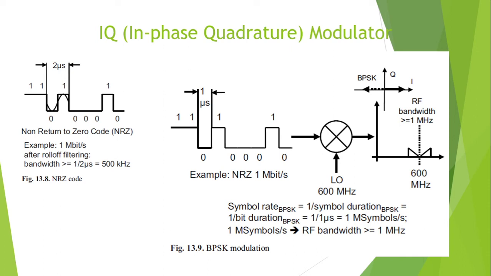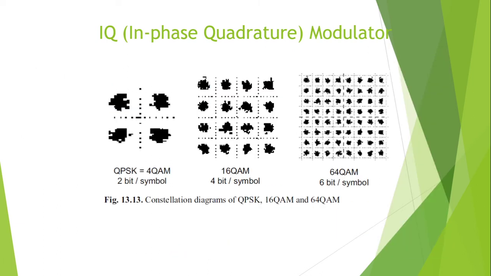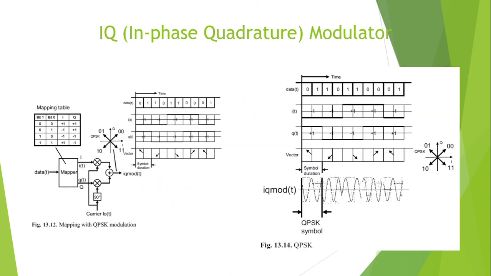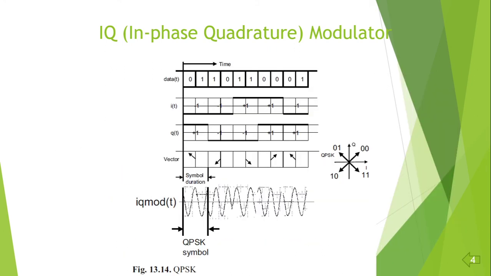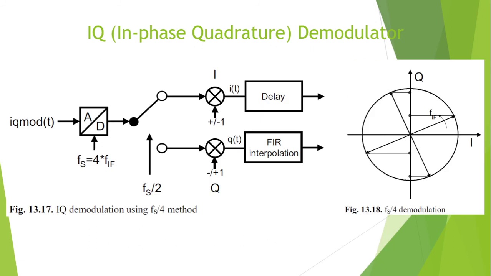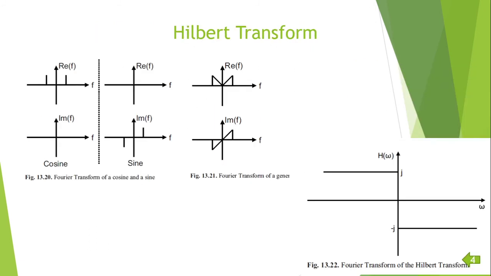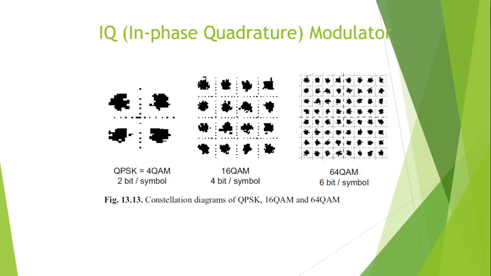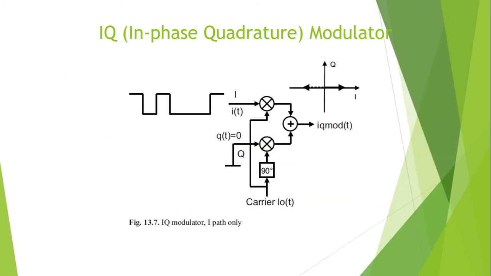Now let us assume that I of t is 0 and there is only a Q of t output signal. We now switch Q of t between plus 1 volt and minus 1 volt. So in this case, IQ mod of t corresponds to the output signal of the Q mixer. There is no contribution from the I path.